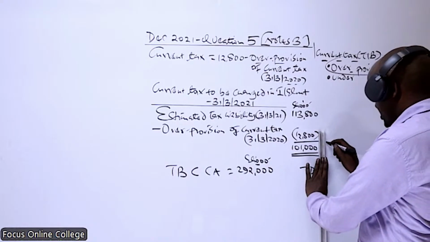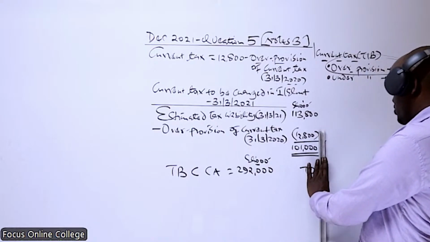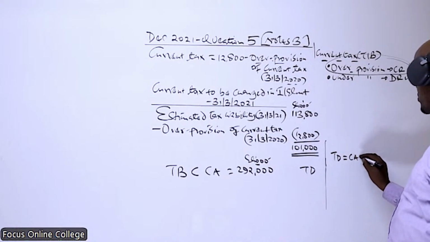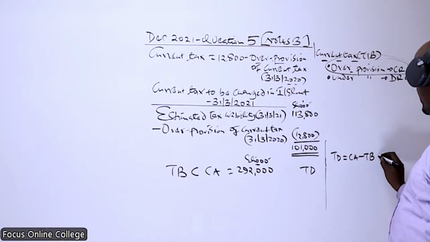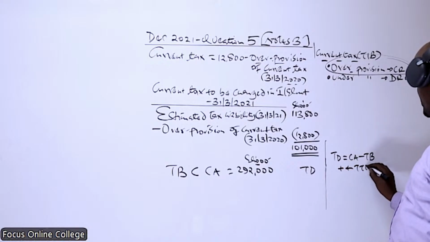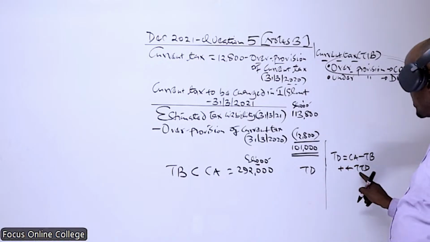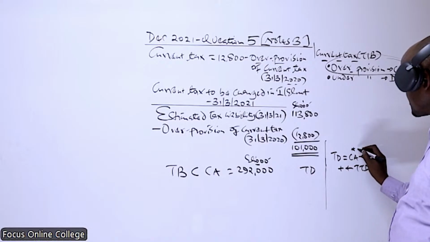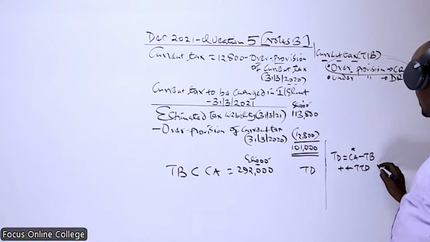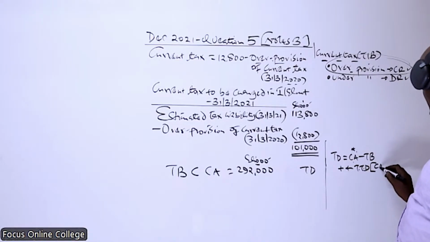Remember, in computation of a temporary difference, we take carrying amount minus tax base. If you get a positive figure, it is a taxable temporary difference. You will only get a positive figure if carrying amount is greater than tax base.